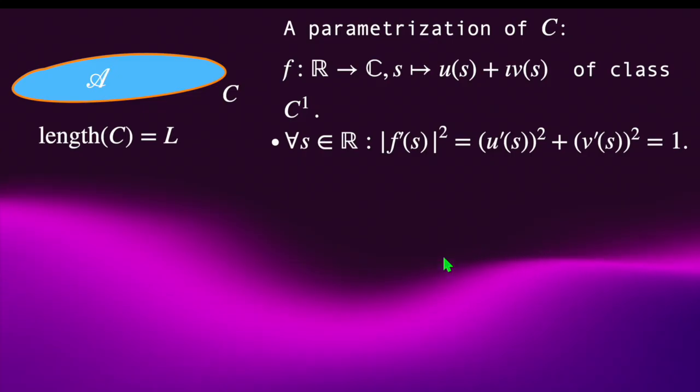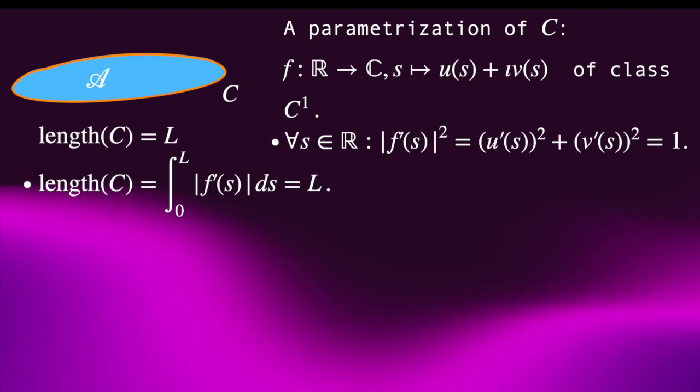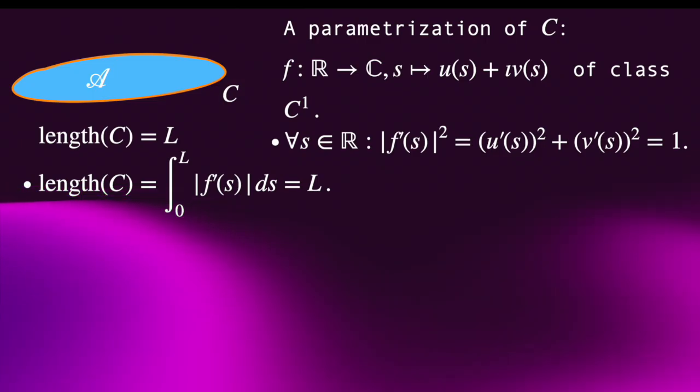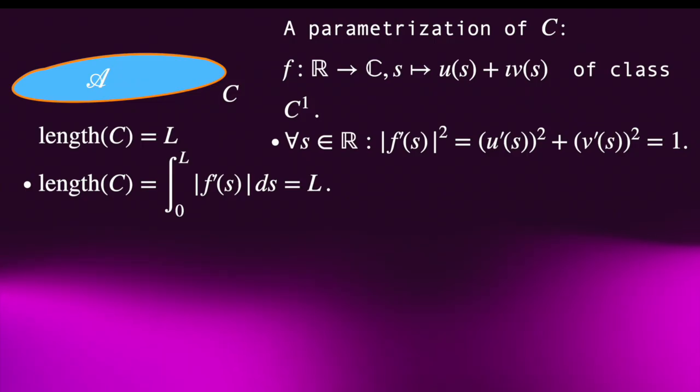Now if you compute the length, L is the integral from 0 to L of the modulus of the derivative of s, and since the modulus is equal to 1, you get L. And now we will compute the area.